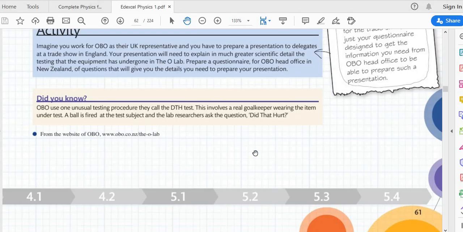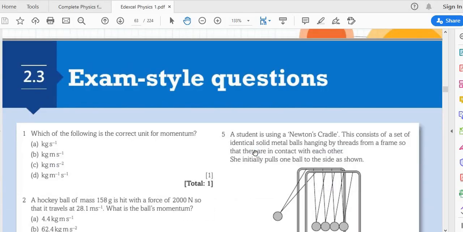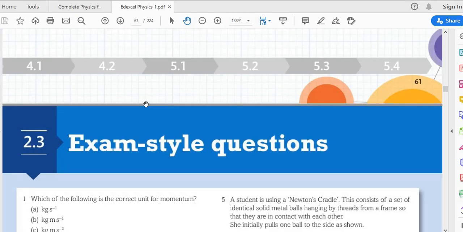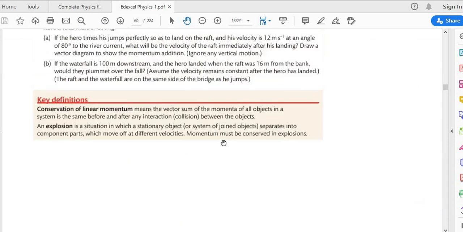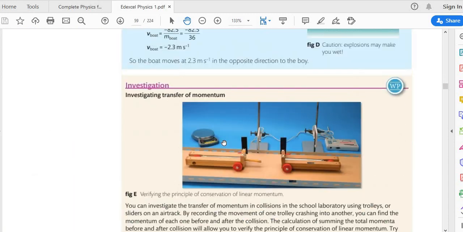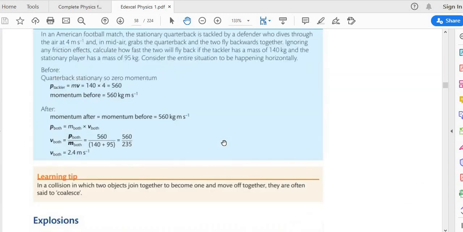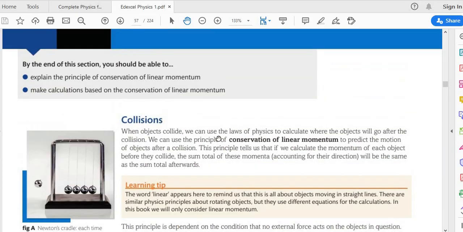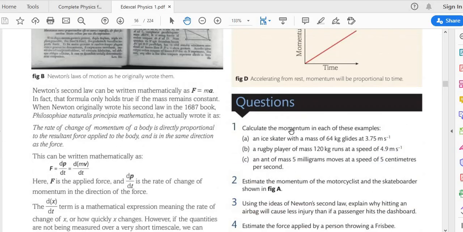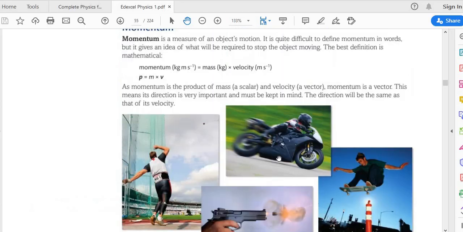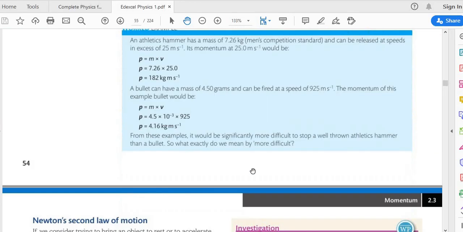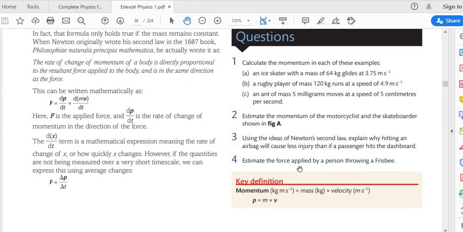Okay, so that's the end of that, and you can answer all those questions. There were some questions throughout the chapter. You can answer all those questions, and you can also answer all the end of chapter questions. So make sure you answer all the questions here and check the answers.